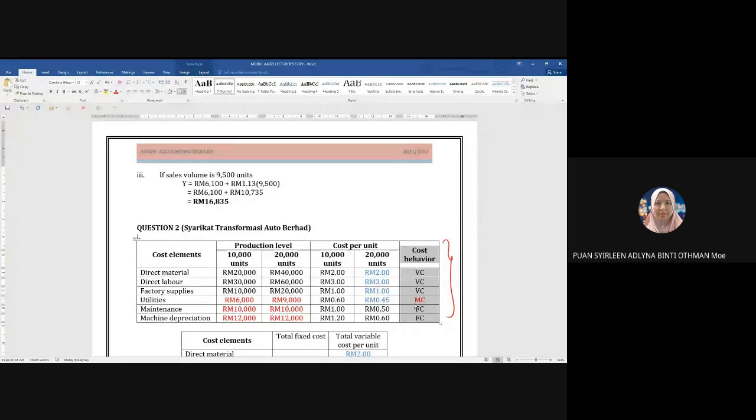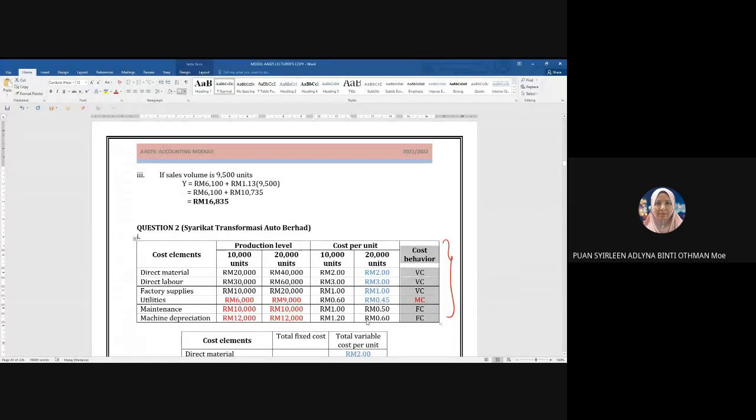If it says estimate total cost for the whole production at the level of 15,000 units, that means I would add all these fixed costs and the fixed cost to form the cost function.